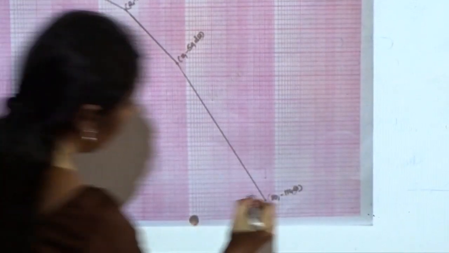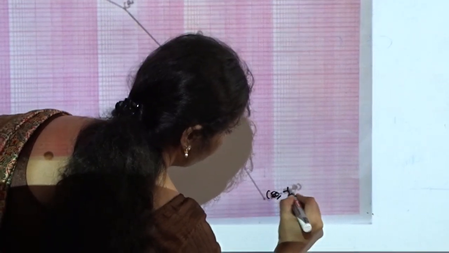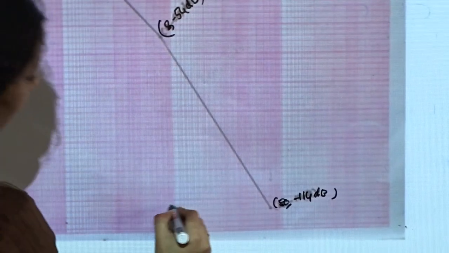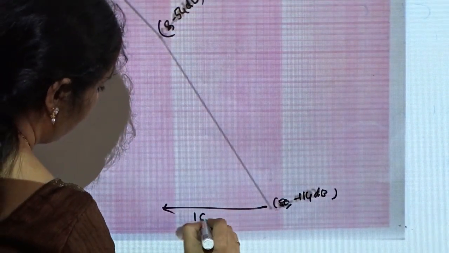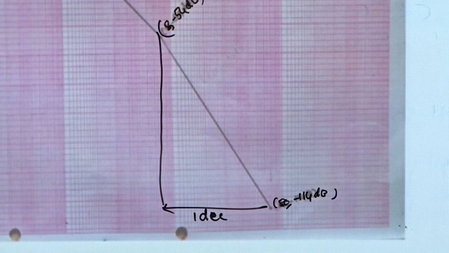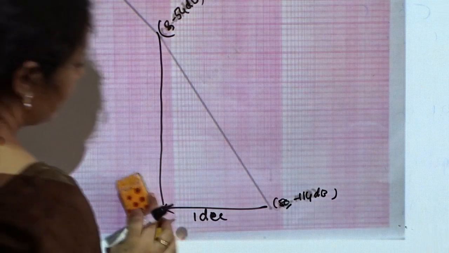This is the 80 comma minus 114 dB point, and I have joined it. This is 8 comma minus 54 dB. From here it is 1 decade, and the difference here to here is 60. So this is the total magnitude plot that we have done.